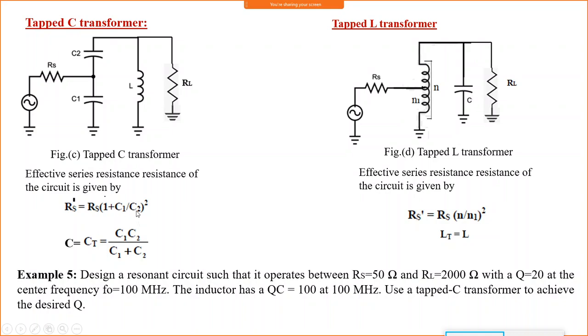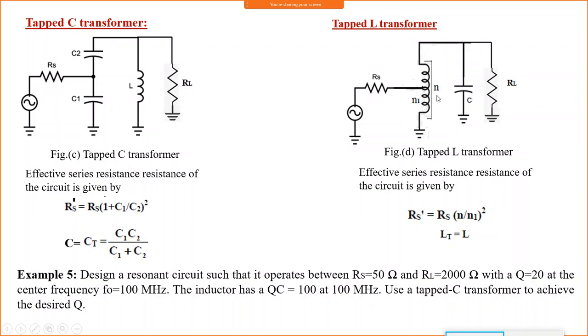You can choose the C1 and C2 ratio based on the required resistance, the net resistance value RS we need. Similarly, we can increase the value. So what is the function of this tapping? It increases the effective resistance of the circuit. How much it increases is given by this factor, by choosing C1 and C2.